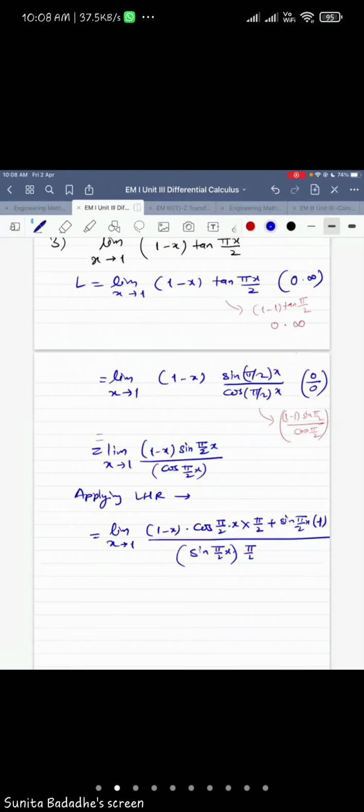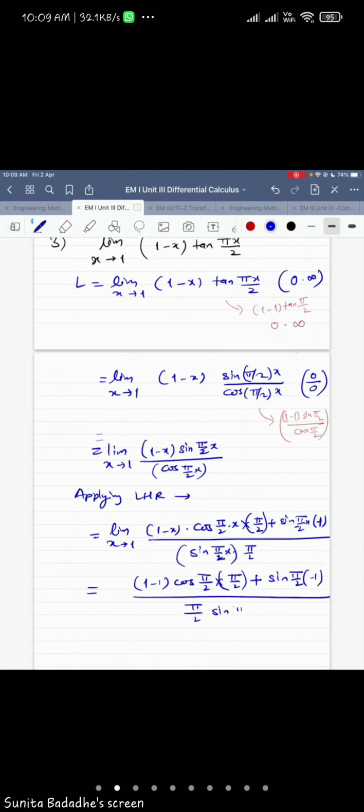Now let us see what we get as we put x tend to 1. Okay, so as x tends to 1, what does it give? It will be 1 minus 1 into cos pi by 2, which will be 0 ultimately, right? So this is into pi by 2, you can write in bracket, plus sine pi by 2 into minus 1 upon pi by 2 sine pi by 2.